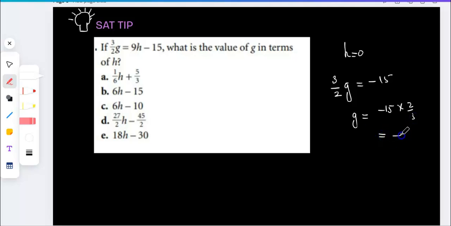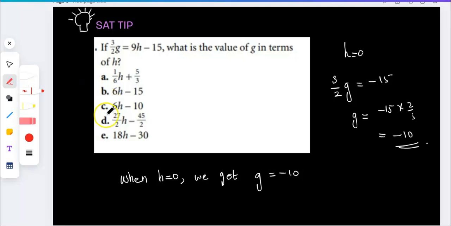So that will give me negative 10 as the value. So the g value when h is 0 is negative 10, and the only option that gives negative 10 is C.